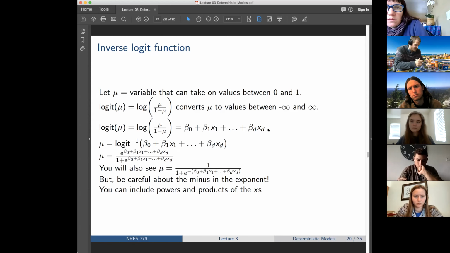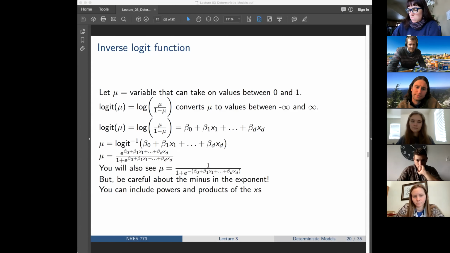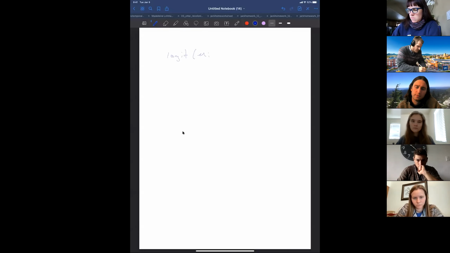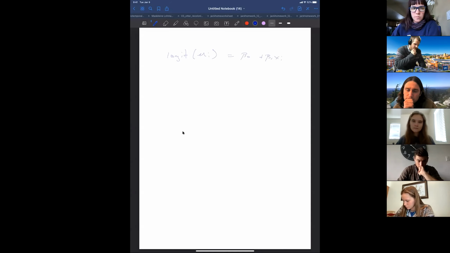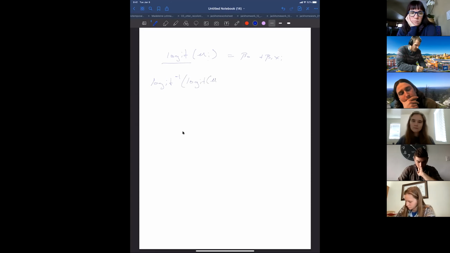So if we have the logit of mu i equals beta 0 plus beta 1 x i, and we want to get mu by itself, we do the inverse of this. So the logit inverse of the logit of mu i equals the logit inverse of beta 0 plus beta 1 x i.